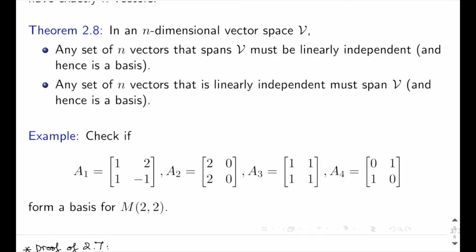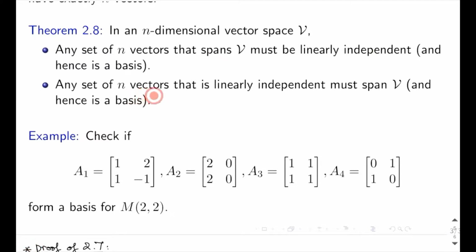For example, if you can prove that the set of n vectors spans V, then immediately by theorem 2.8, that has to be independent as well. So you only need to prove spanning, but you are going to get both spanning and independence by theorem 2.8. And so that's going to be a basis. So that is going to cut your work in half.